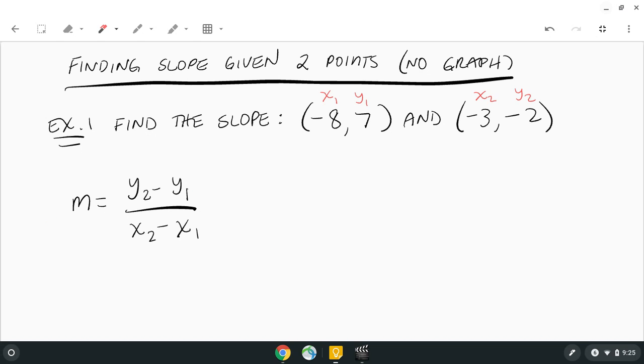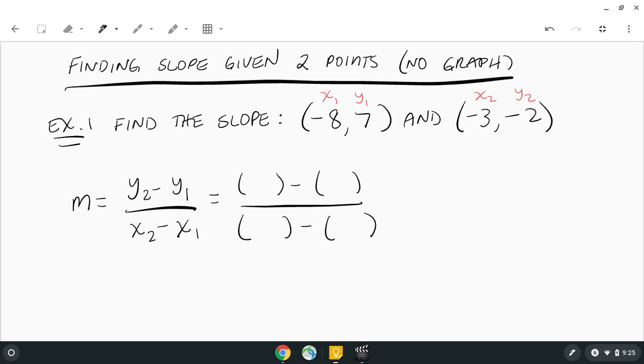Okay, so let's go ahead and plug them in. Now, I highly recommend that you use parentheses to separate everything, and this will help you keep track of all of your signs, all of your negatives and positives.